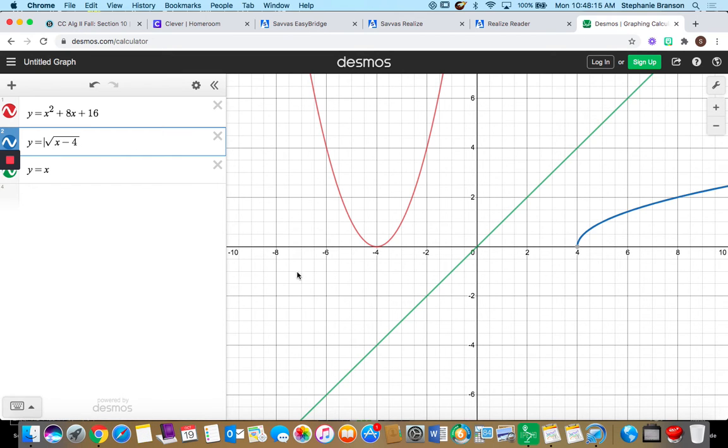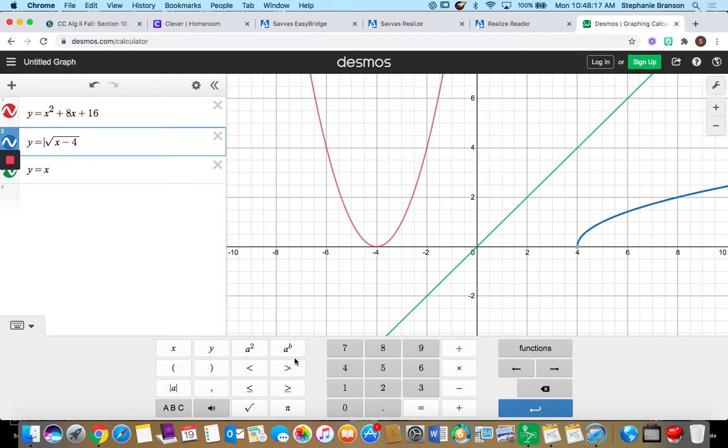Let me see if I can. They got a plus and minus sign. May just have to do 2.